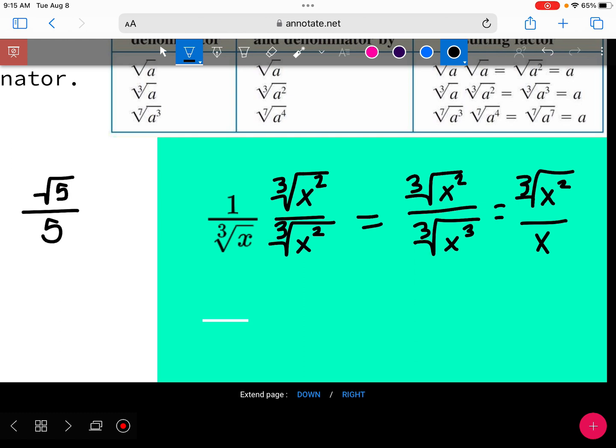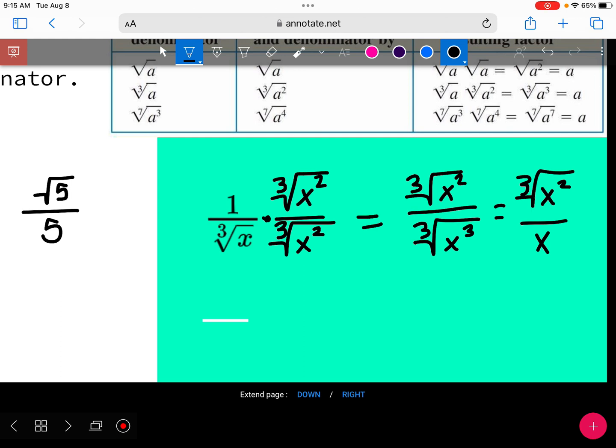So we multiplied x times x squared to get our x cubed, because these two pieces multiplied together. And this is just our really crazy looking one.